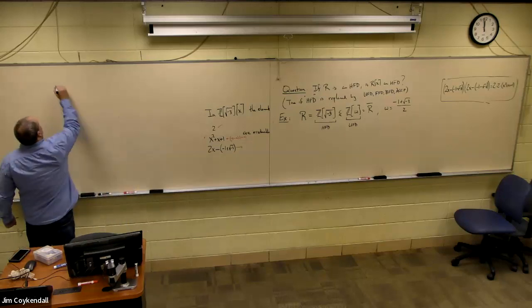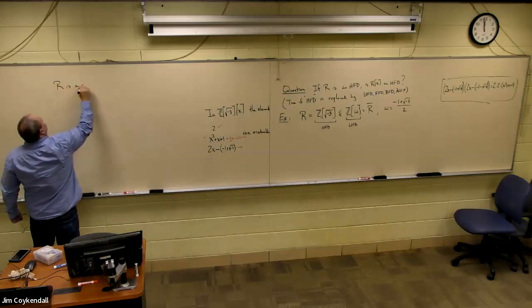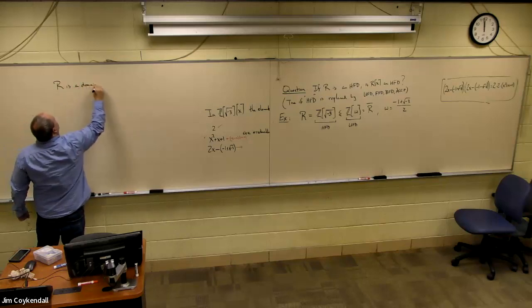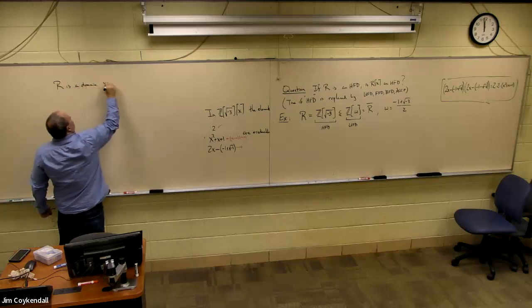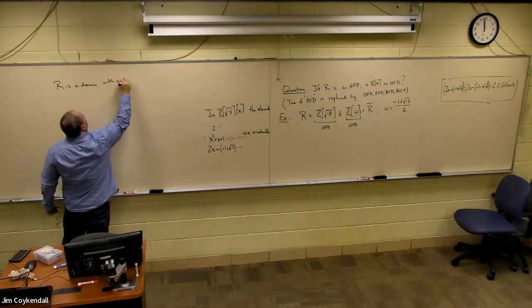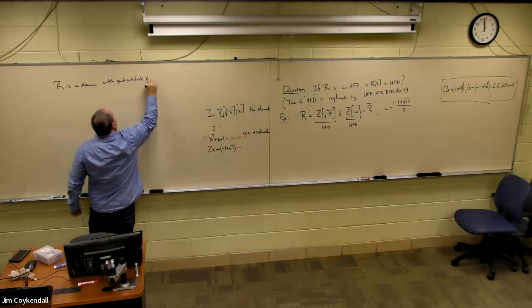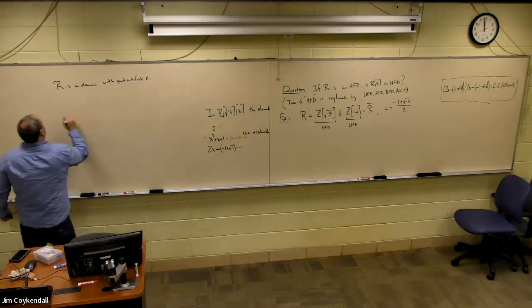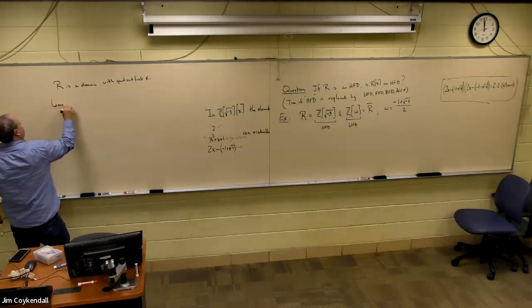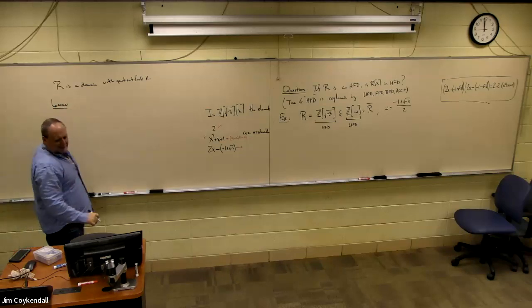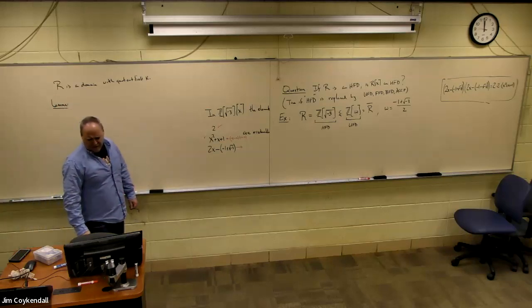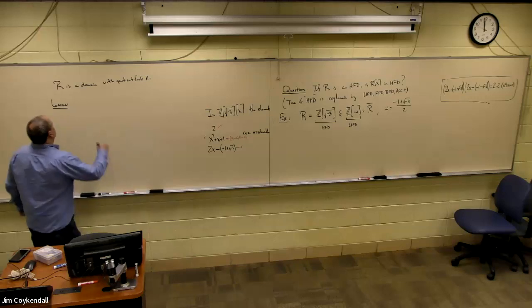So here, R is a domain, in some cases an HFD, but I'll let you know, with quotient field K. Lemma. I'm going to kind of justify this a little bit. Let P of X be irreducible in R[x].